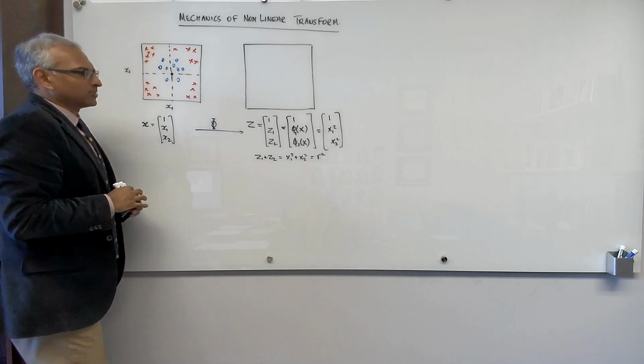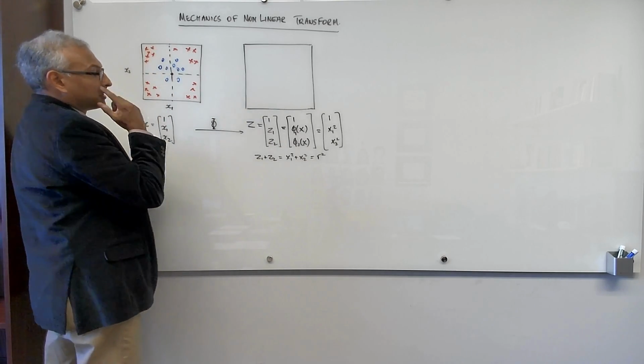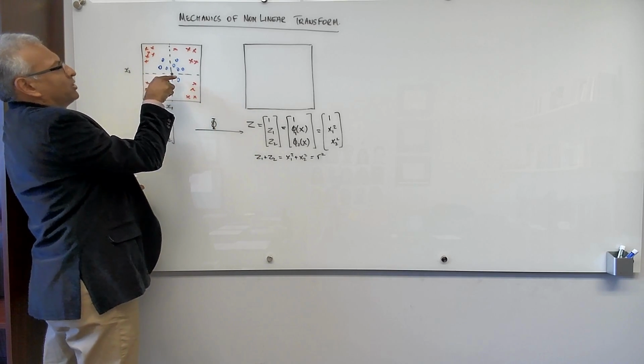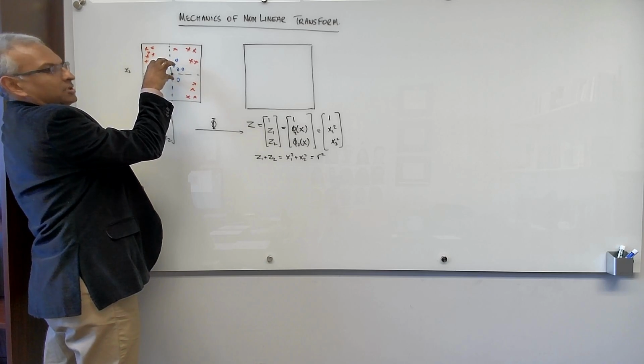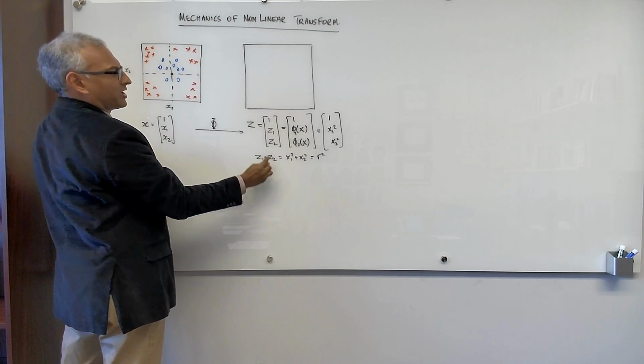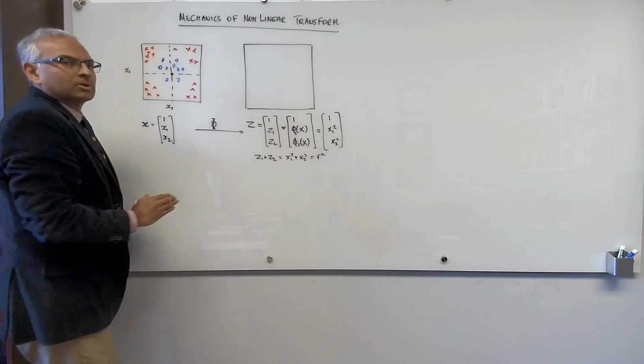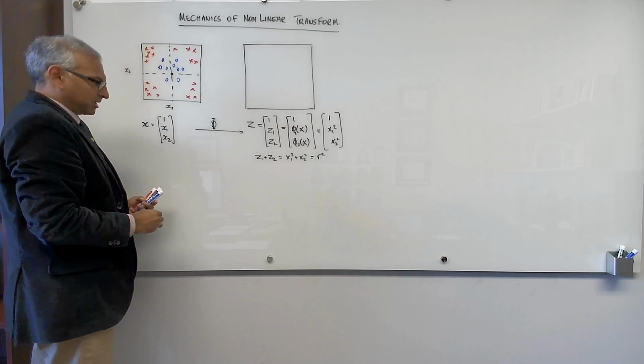Okay? And so what it means is that points that are close to the origin here will have a small value of z1 plus z2, and points which are far away will have a large value of z1 plus z2.